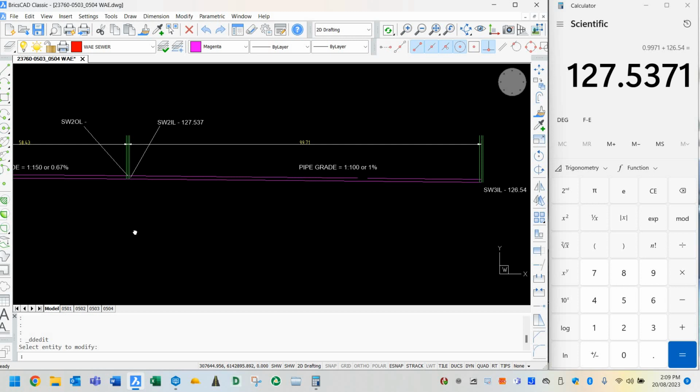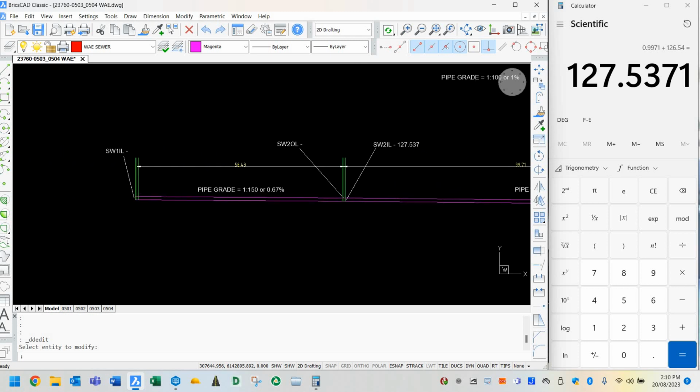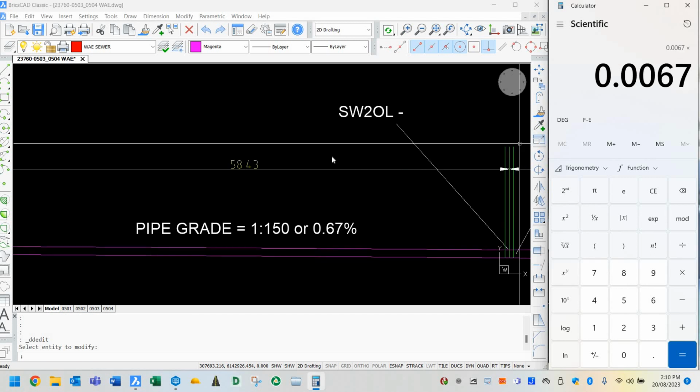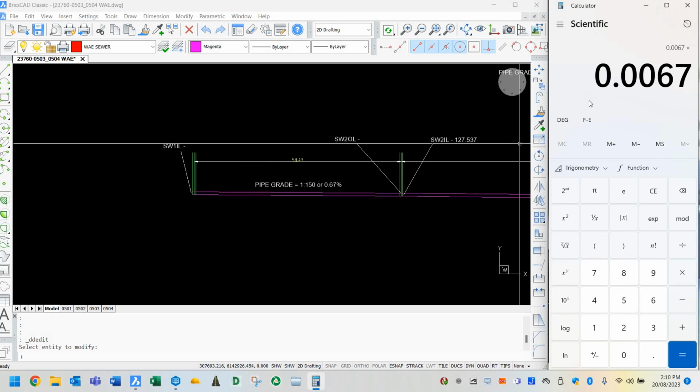Now we'll move on to the SW1 invert level. Same concept, different distance, different grade. So our grade is now 0.67%, which we'll change to 0.0067, and multiply that by 58.43 meters.